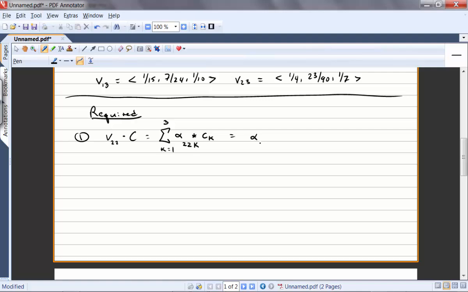So alpha sub 2,2 in k equals 1, put 1 in, times little c sub 1, plus, now put k equals 2 in, plus, now put k equals 3 in.